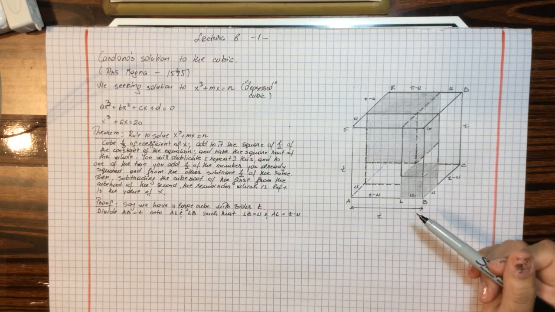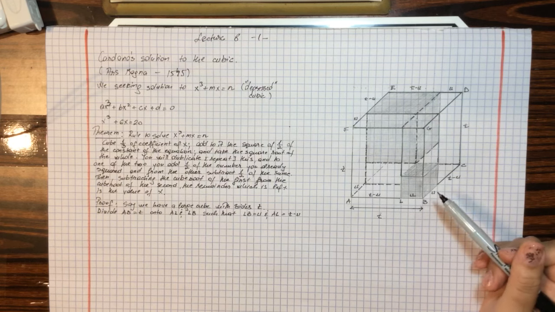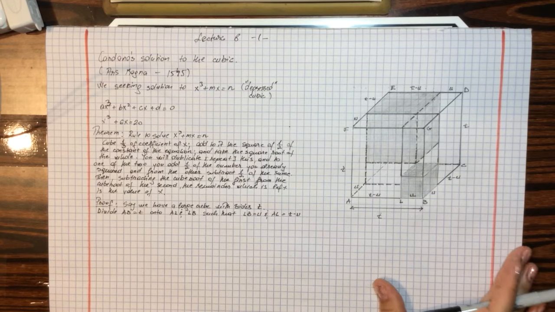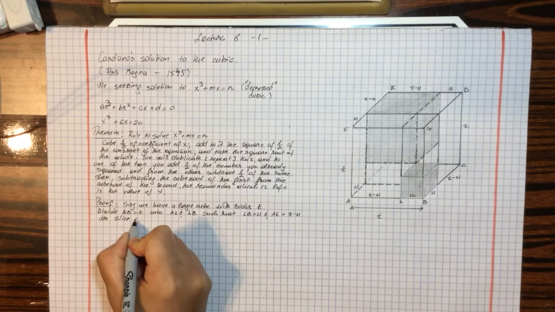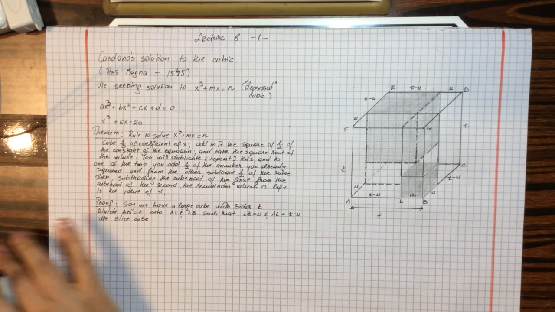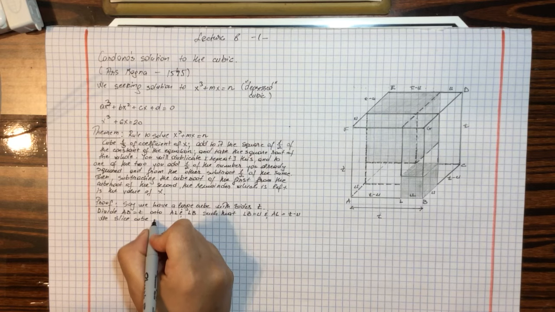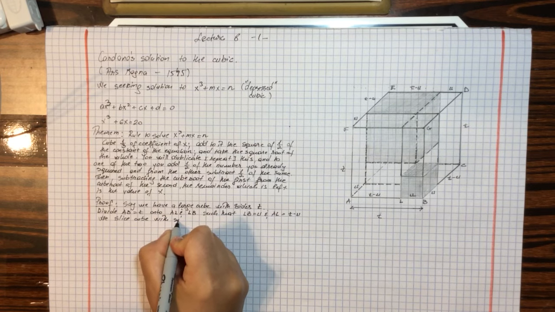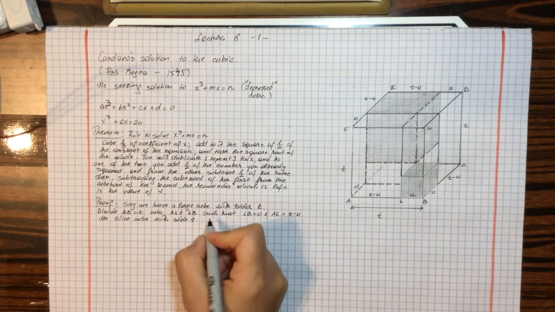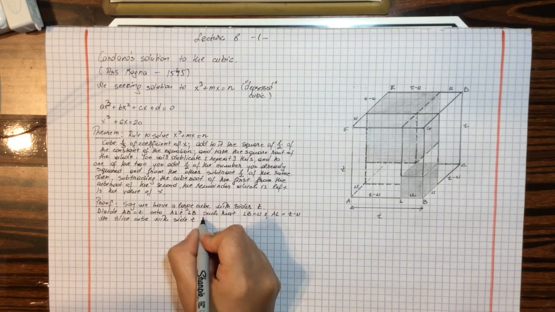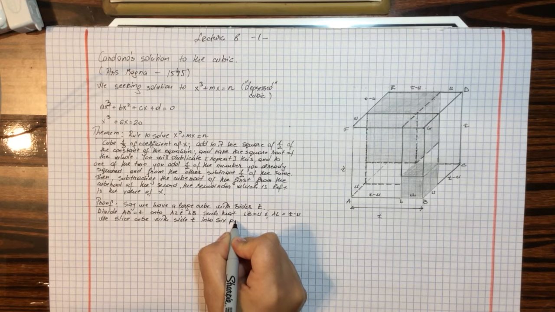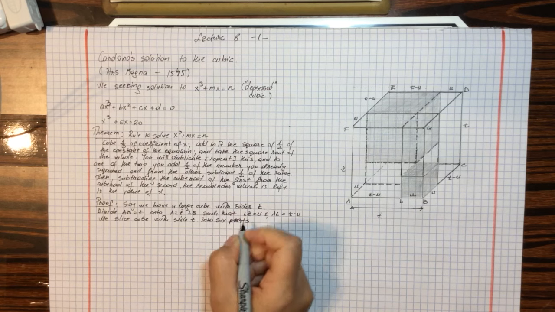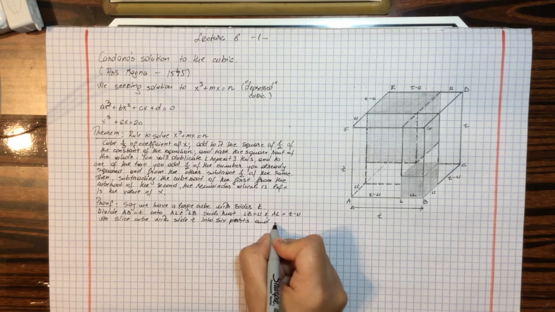Let me identify what the 6 parts are. We slice the cube with side t into 6 pieces and consider their volumes.